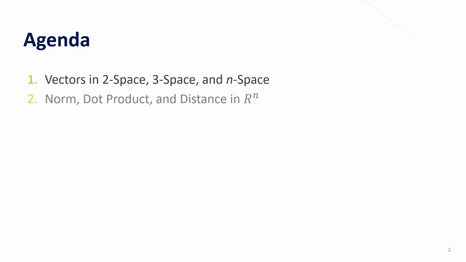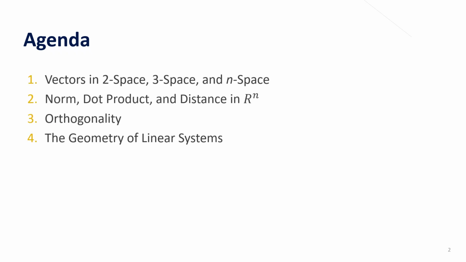This chapter discusses several things, including vectors in two-dimensional space, three-dimensional space, and even n-dimensional space, in which n can be any integer number. We will focus on this part for these slides, and later on we will move on to discuss the rest of it.